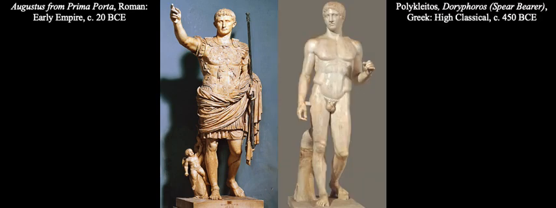And one of the really important ideas to keep in mind as we explore Roman sculpture and architecture is the high regard that the Romans had for the Greeks and their world. And so it's not surprising that this sculpture is in many ways a ripoff, at least as it exists here in the lower body of Polykleitos's Doryphoros.